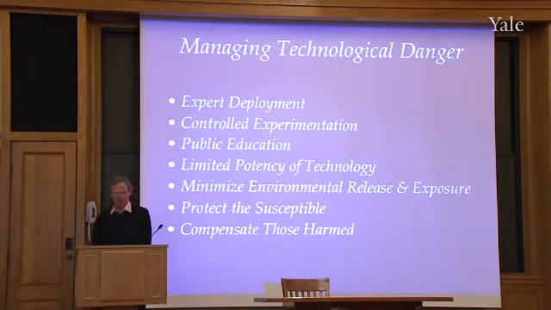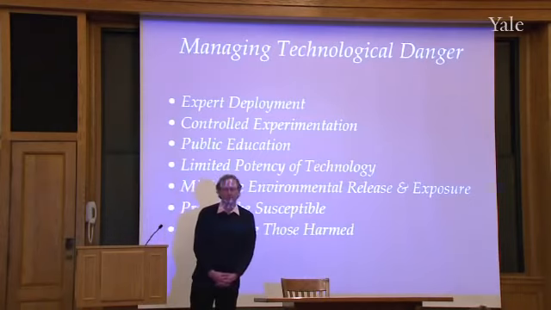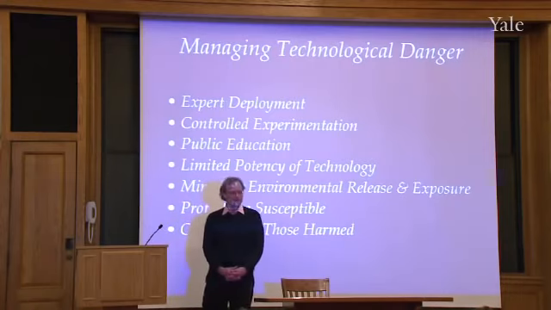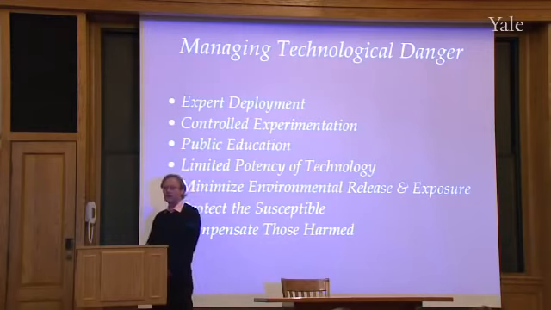Another critical approach to managing technological hazards is the control of experimentation. So how would you try it out? There are many products in the marketplace, many chemicals, many other kinds of technologies for burning fuels, coal, gasoline, that are released in the markets without adequate testing.